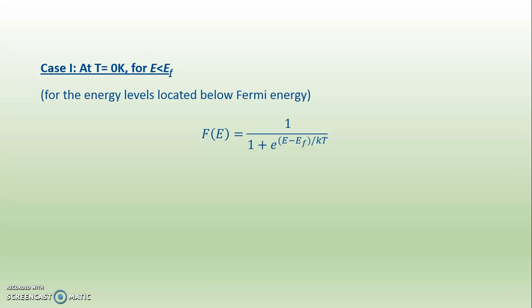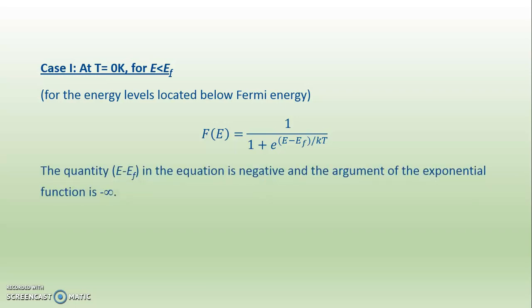Now when the energy level is below the Fermi energy level, then the quantity E minus EF in the equation is negative, and the argument of the exponential function will be minus infinity.